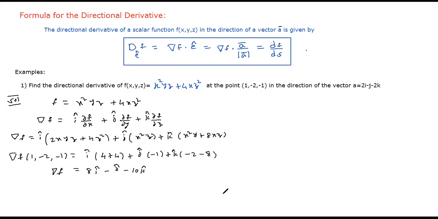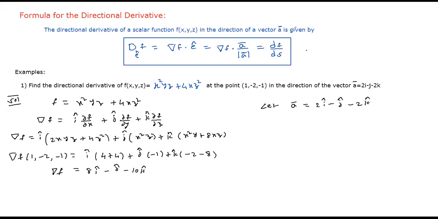Okay. So what we require is the direction also, the unit vector. What is given? Let a bar equal 2i bar minus j bar minus 2k bar.